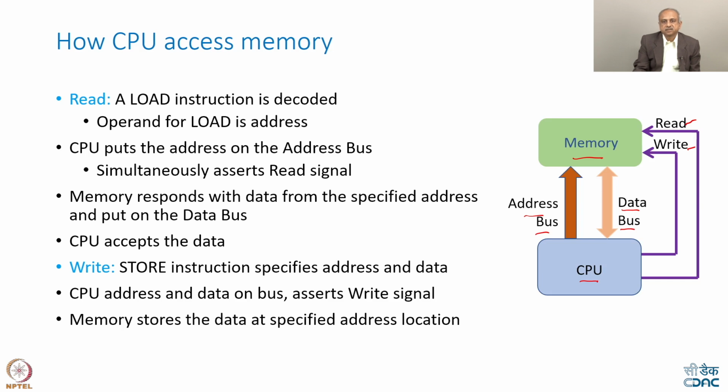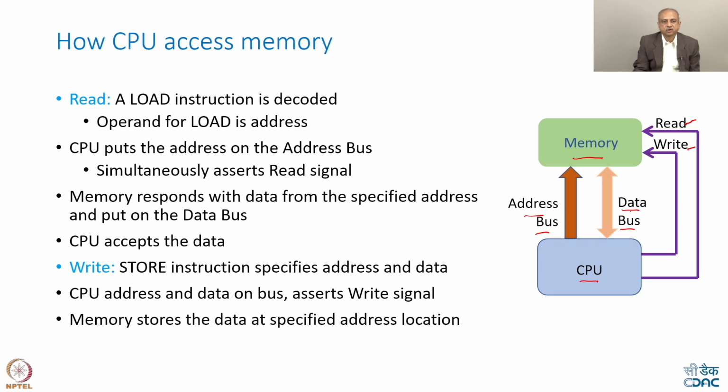The CPU takes this address and puts it on the address bus, and as a result the memory, which also sees the read signal, starts reading the data from the specified address, and once it reads it, it puts it on the data bus. Once it puts it on the data bus, the CPU accepts it and the read cycle is completed.